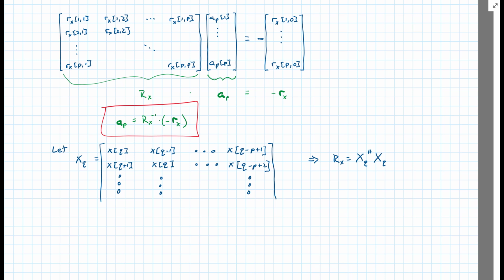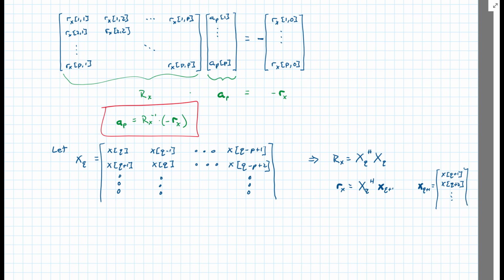And our little rx is just equal to x Hermitian times x q plus 1, just a single vector, where I guess we should define x q plus 1. It's kind of what you might expect. It's a data vector like that.